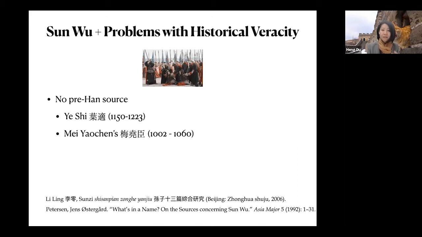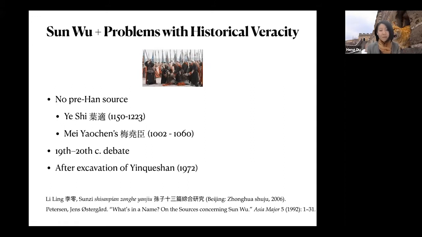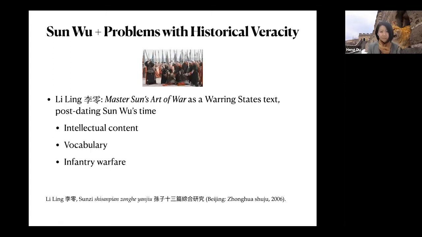His name only started to pop up during the Han period, and then we had a major debate about this around the turn of the 20th century, and this debate was revived after the excavation of the Yinqueshan materials in 1972.